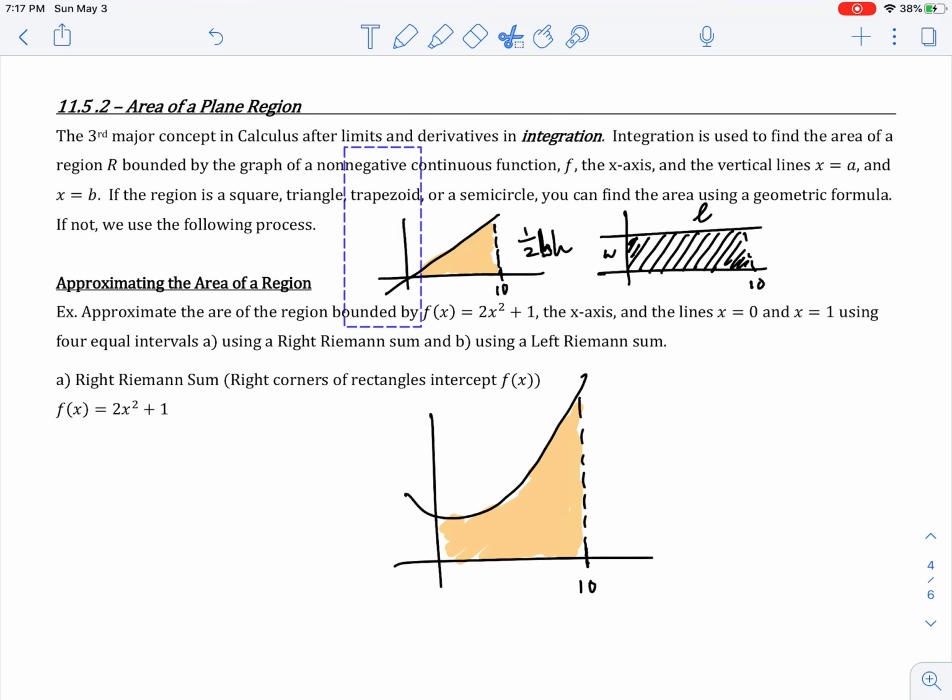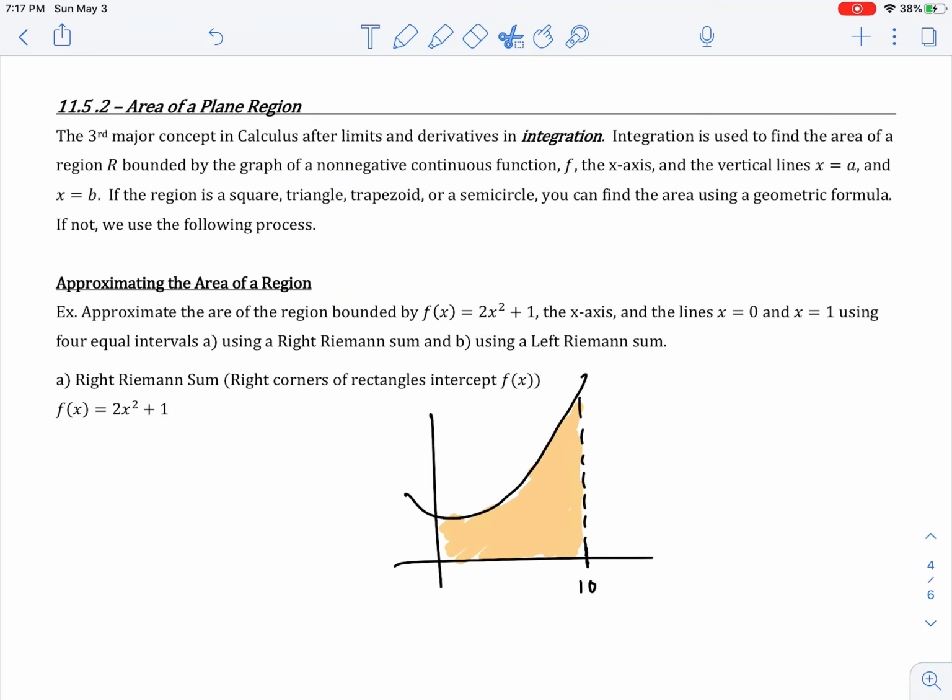What if I wanted to find the area, and let's get rid of this stuff because we get this idea. We know that's easy. What if I asked to find the area underneath this curve, and even though we don't have one formula to fit this particular shape, what if we could break this up into smaller shapes with geometric area formulas that we do know of?